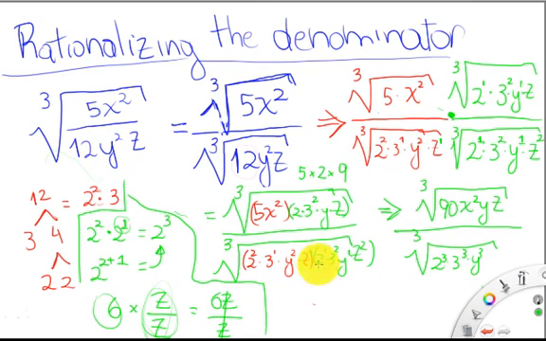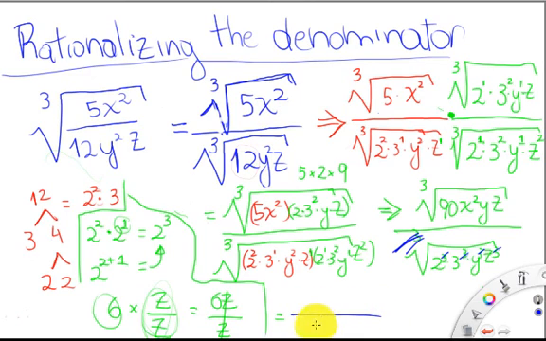And z to the first times z squared is z to the third. So we got everything we needed here. So now we're going to go ahead and cancel it out. And you know that this cancels out with the index, this cancels out with the index, this cancels out with the index, and this cancels out with the index.